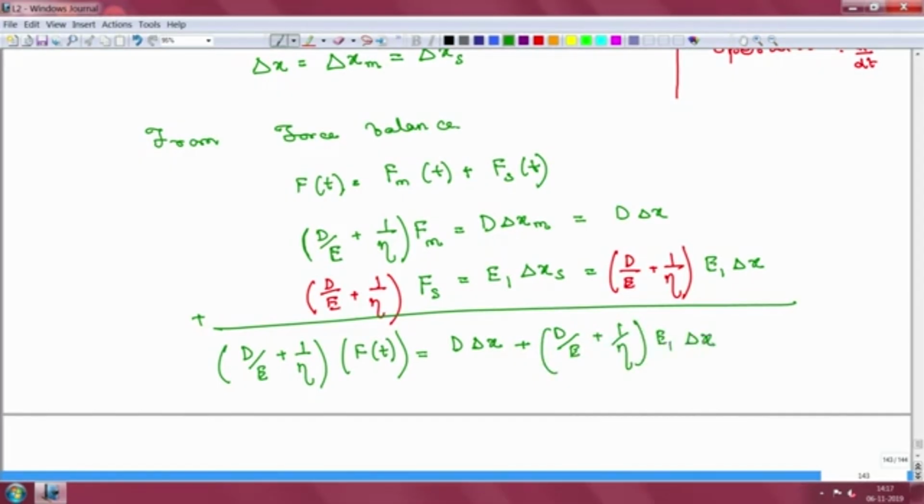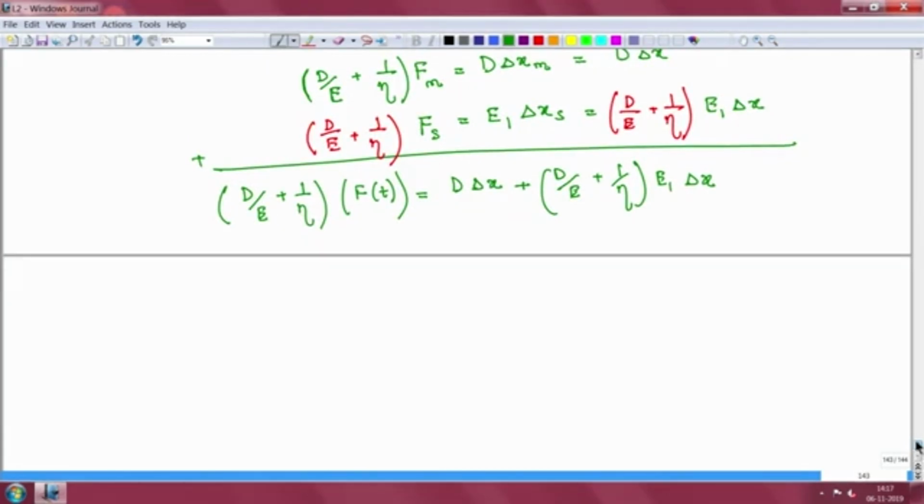I can simplify this a little bit more by clubbing the proper terms together. So my left hand side is equal to E1 by E plus 1 d times delta x, because this is a differential operator I am always writing it in front of delta x, okay.